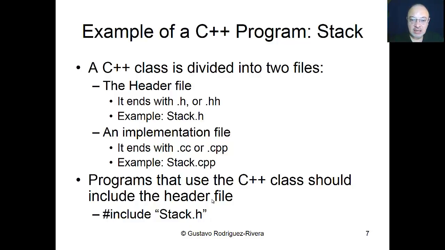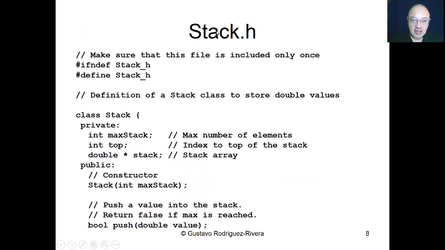So let's start with stack.h. stack.h is going to have first these macro instructions, pound ifndef STACK_H and pound define STACK_H. That is not required, however, it is strongly recommended. This is going to be used in the case that this header file is included twice or more.